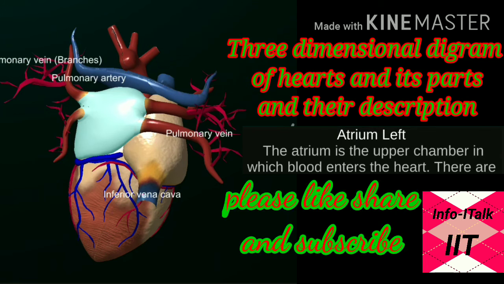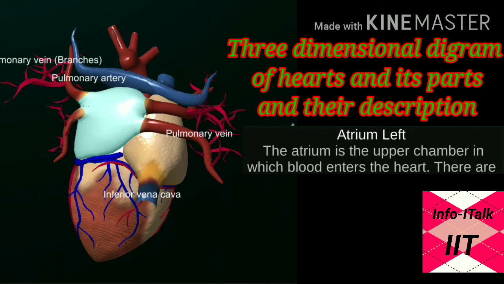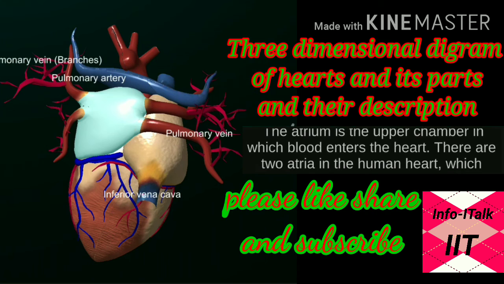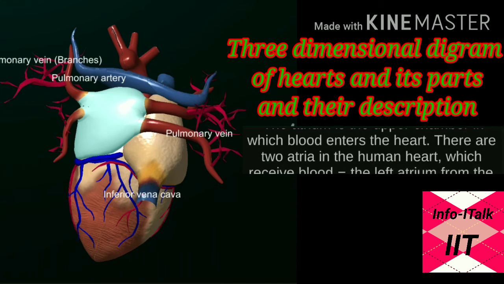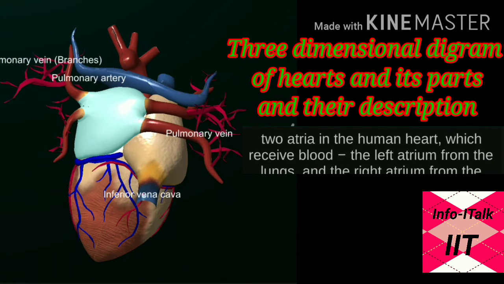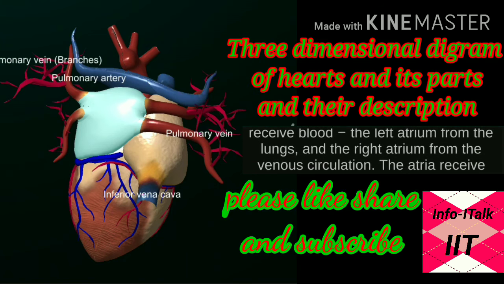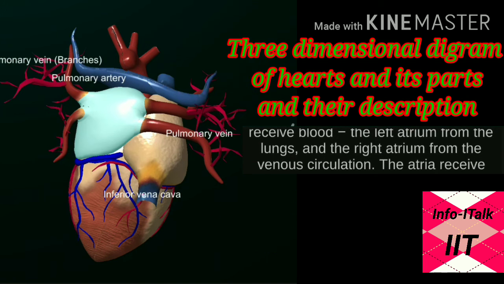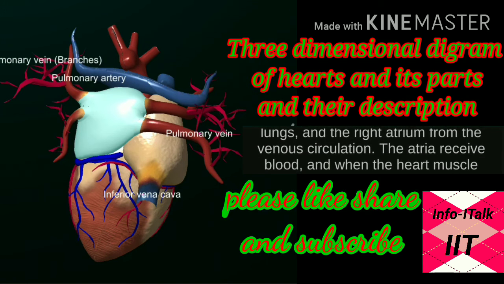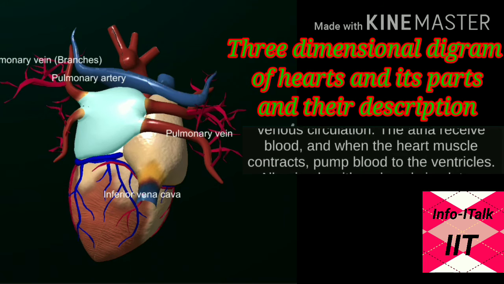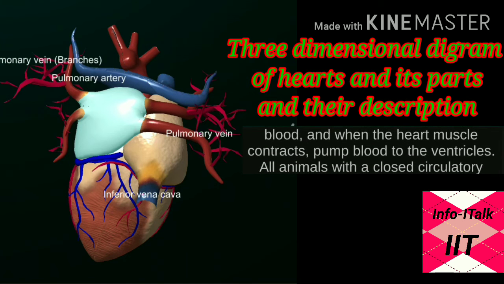The atrium is the upper chamber in which blood enters the heart. There are two atria in the human heart which receive blood, the left atrium from the lungs and the right atrium from the venous circulation, as we discussed before. The atria receive blood, and when the heart contracts, pump blood to the ventricle.